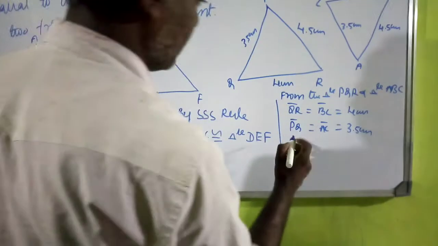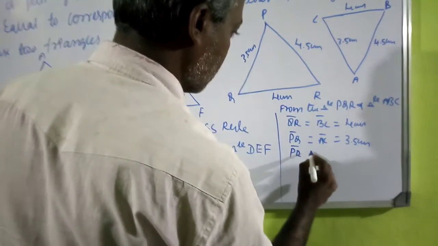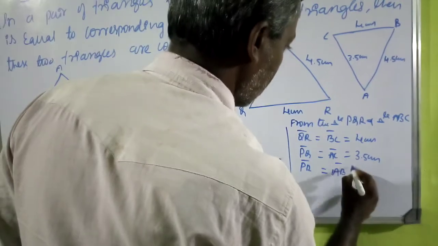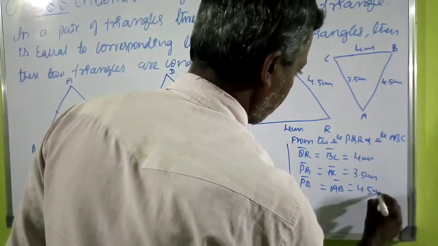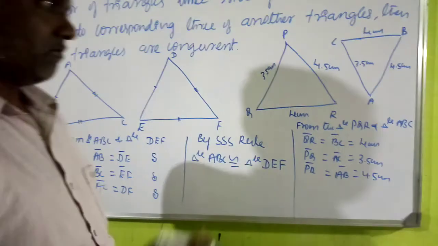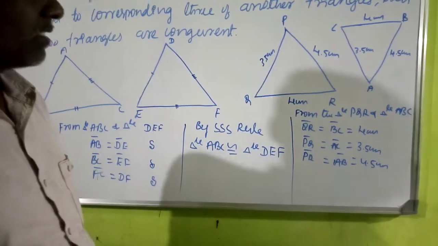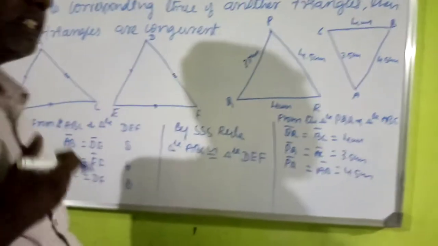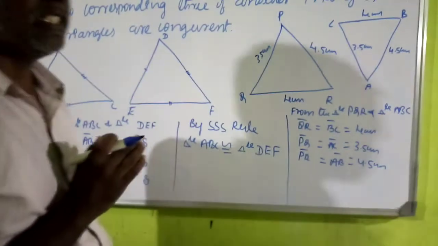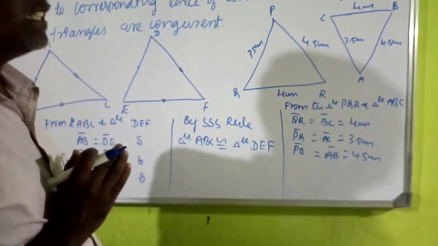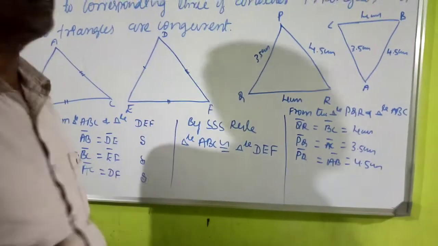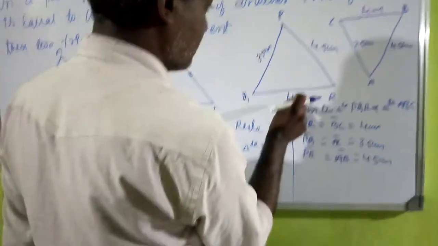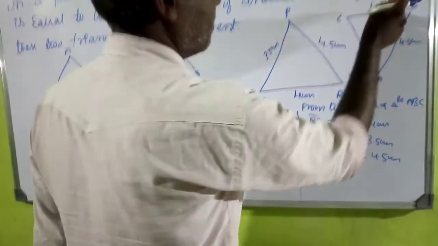Next I will take PR. Side PR is equal to side AB, that is 4.5 centimeters. While representing values on the triangles, sides are measurements, lengths. The side length of one triangle must be equal to the side length of the other. So see, here 3.5, here 3.5. The base is 4 centimeters, this is also 4 centimeters.